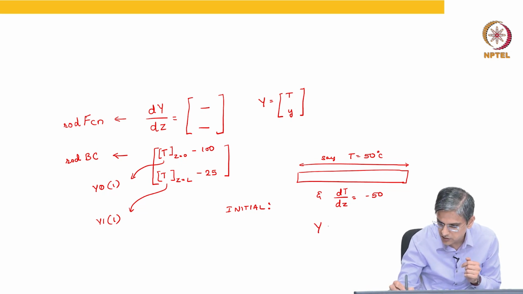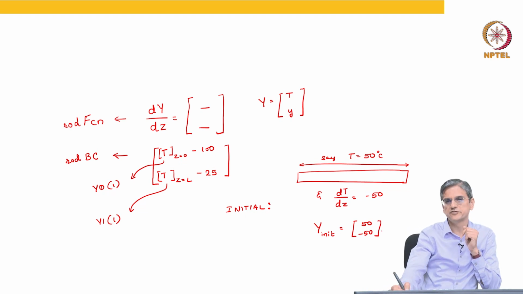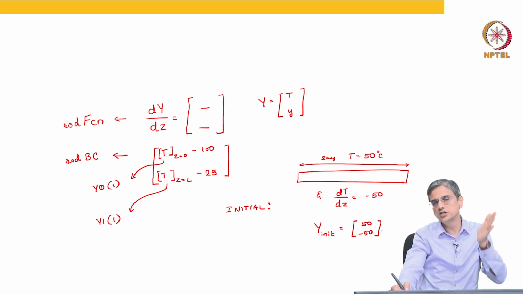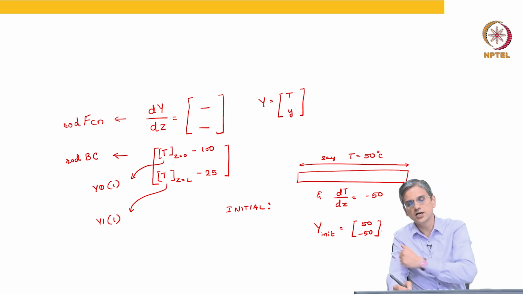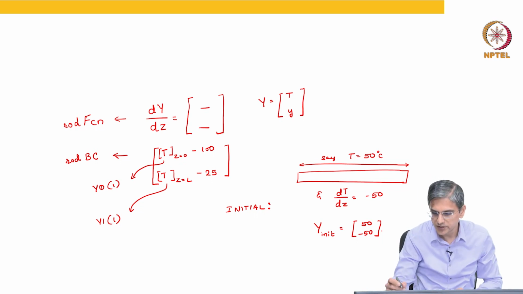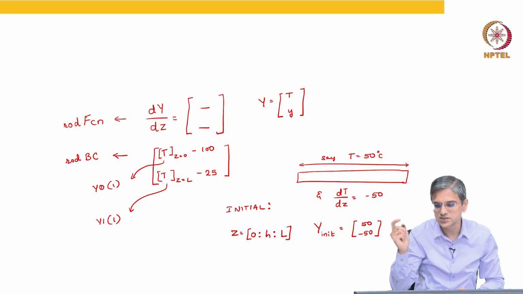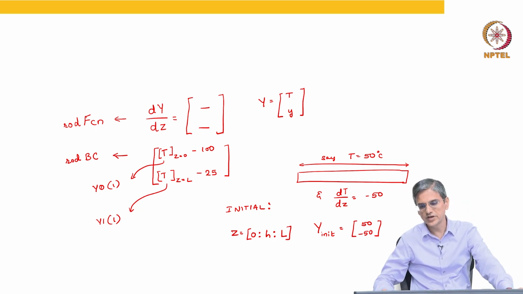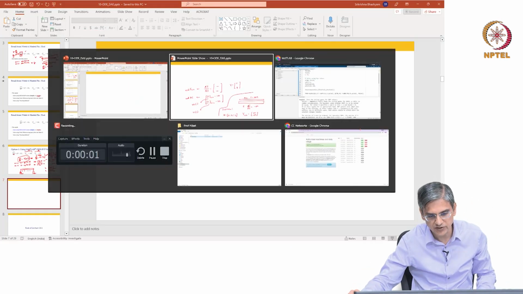So which means y initial is 50 and minus 50, and let us say we wanted the solution at 10 points in the interval. That means at z equal to 0, z equal to 0.1, z equal to 0.2, 0.3 and so on up to z equal to 1. Okay. So therefore, we said that z span is going to be 0 to h to 1, where 1 is nothing but L. Okay. So that is how we had these initial conditions put up. Let us go back to MATLAB and see if that is exactly what we have done.